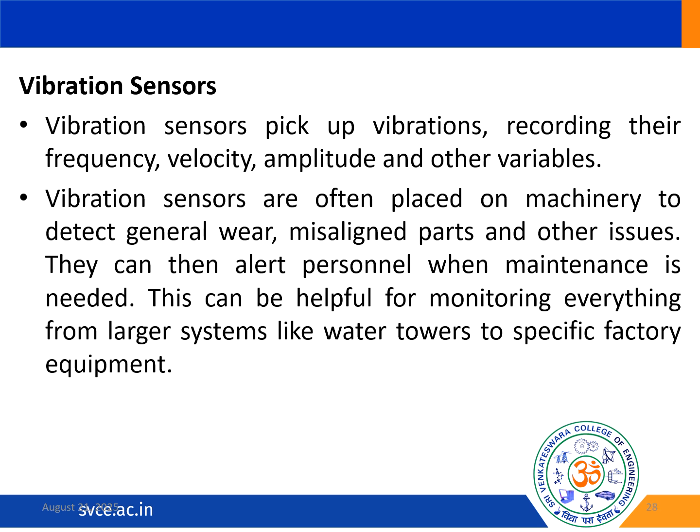And next we have vibration sensors. This type of sensor is used to detect vibrations. Recordings are possible with their frequency, velocity, amplitude, and other variables. Vibration sensors measure dynamic variables.